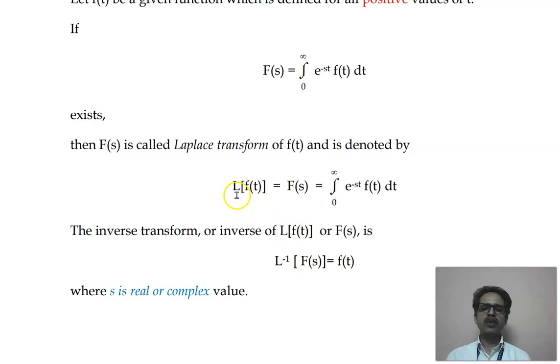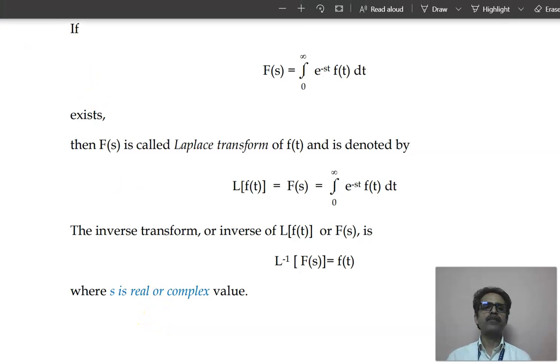So here is the important point: Laplace transform of the function small f of t is capital F of s, while inverse Laplace transform of the function capital F of s is small f of t. That is, Laplace transform transforms a function of t to a function of s, while inverse Laplace transform transforms a function of s to a function of t. Note that s is a real or complex value or number.